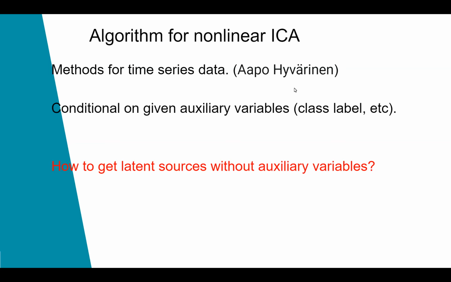Except for specific kinds of data, most nonlinear ICA algorithms condition on auxiliary variables, like class labels or other variables, which are used to predict the original sources. But all of them are limited because they are conditioned on something.